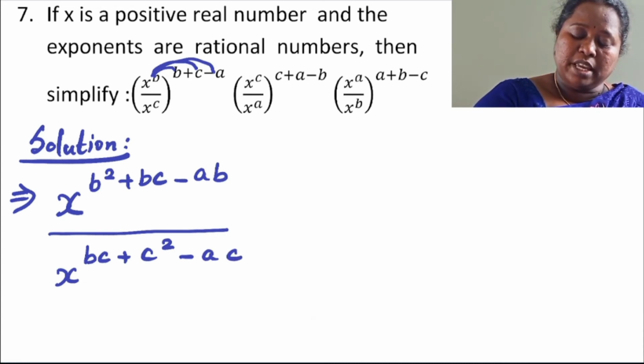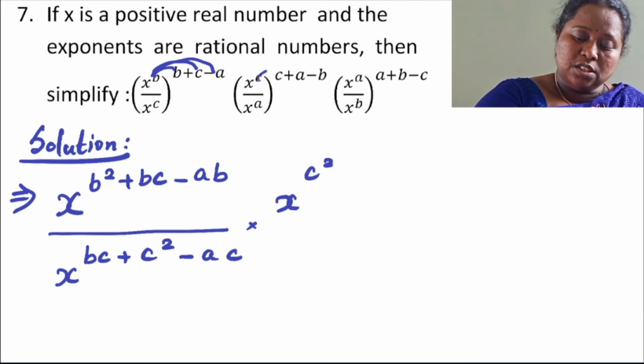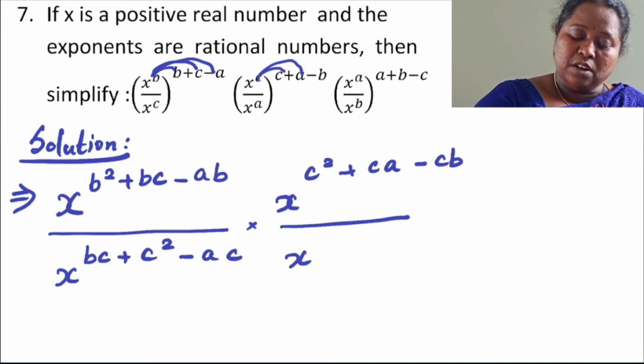Then in the next term I have x power c squared, c into c squared, c into a is ca, and minus cb, divided by the same thing for the denominator, you have to multiply ac plus a squared minus ab.